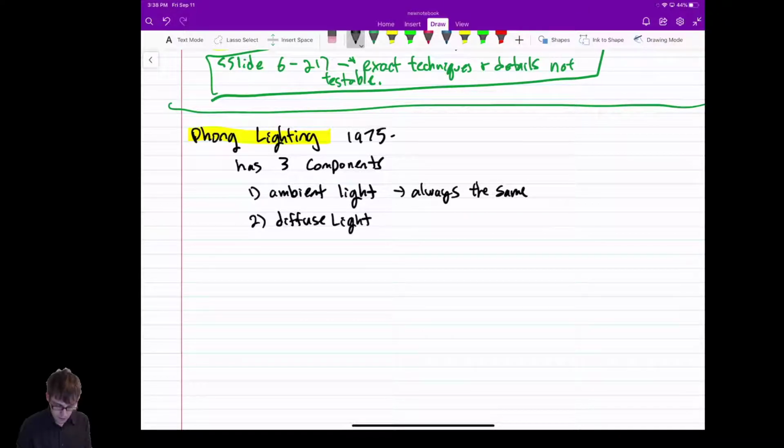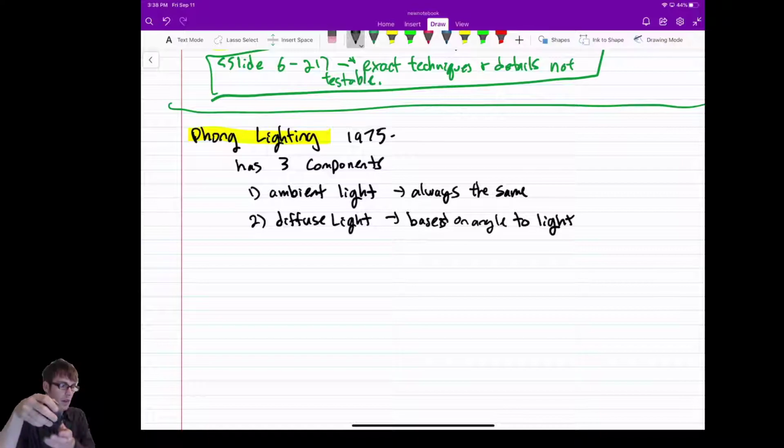Now, diffuse light is based on the angle to the light. It changes as it moves away from the light. If I look at my mouse, you can kind of see it's all one color, but it doesn't look like one color, does it?